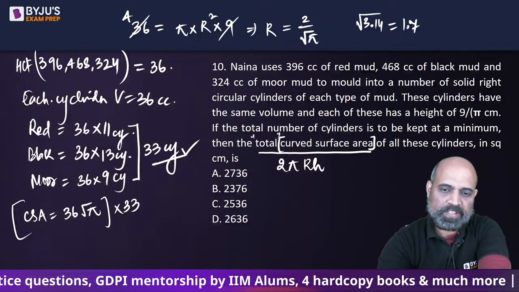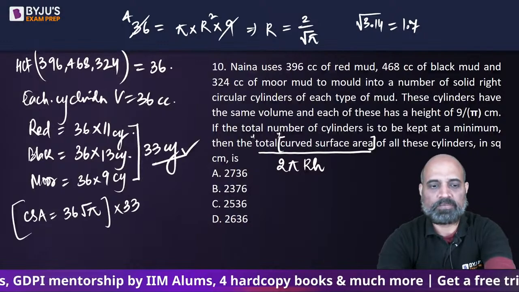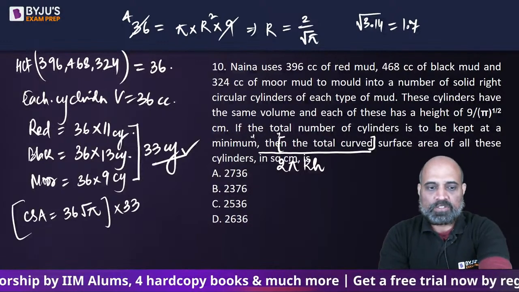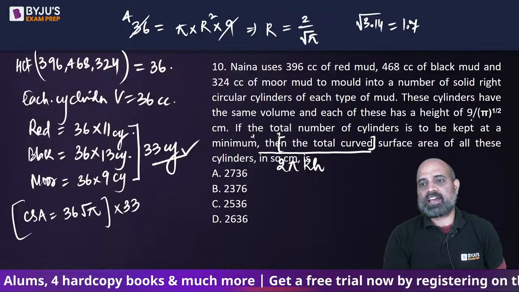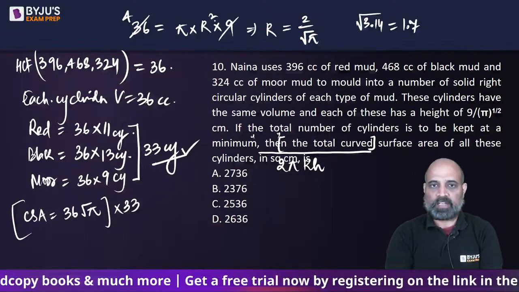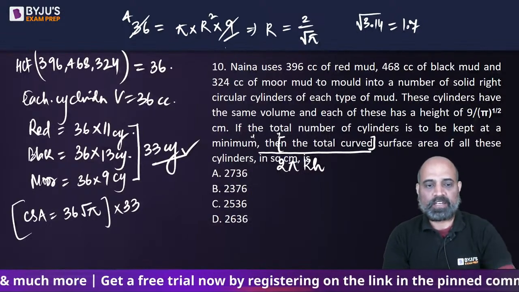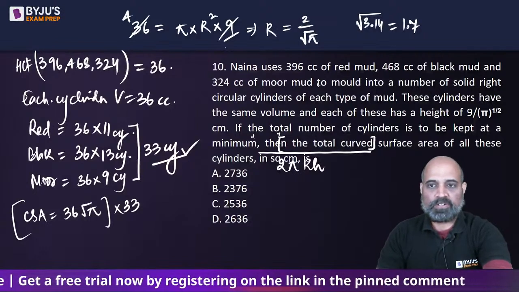Because nowhere it is given that this is approximate or something like that. So I'm making the height as 9 by root over pi. Sorry, 9 by pi I should take, not root over.